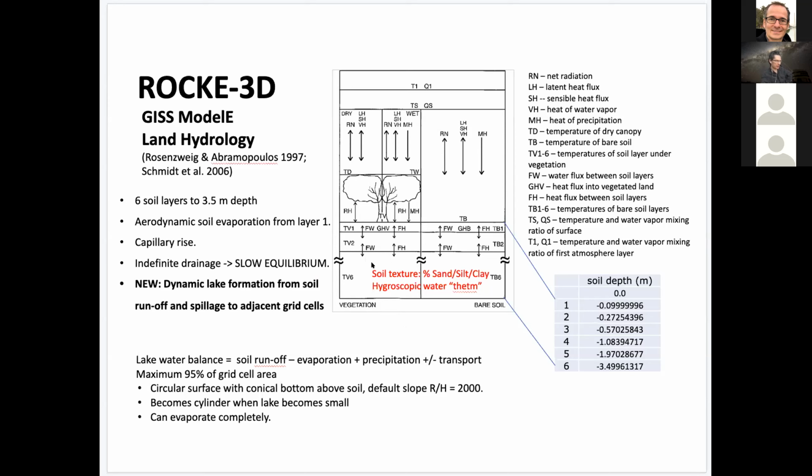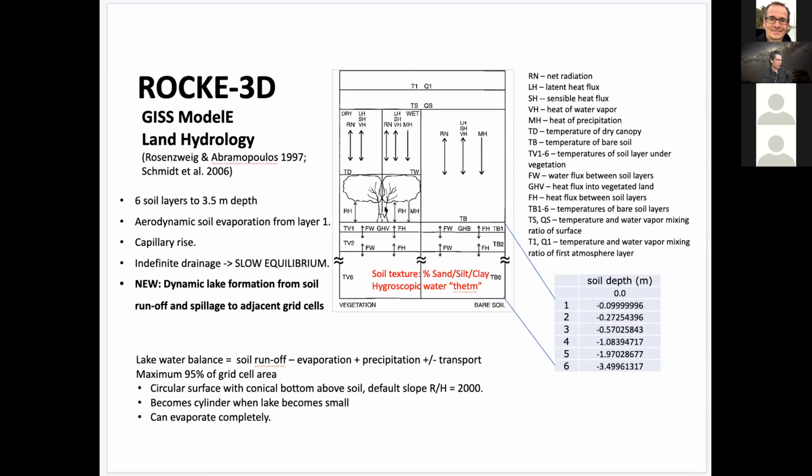They have different prognostic variables for vegetated soil and bare soil. Vegetation can be wet and dry, and that also changes fluxes.